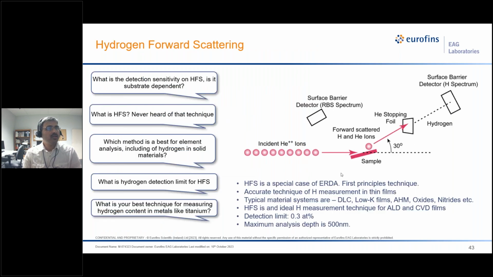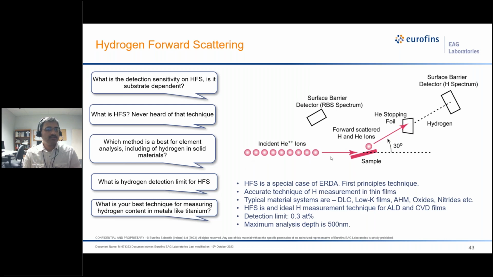We have received many questions regarding hydrogen forward scattering. Hydrogen forward scattering is a sub-technique of elastic recoil detection analysis. Here the recoils are helium and hydrogen atoms from the sample. This is also a first principles technique, so we are not using any calibration standards.